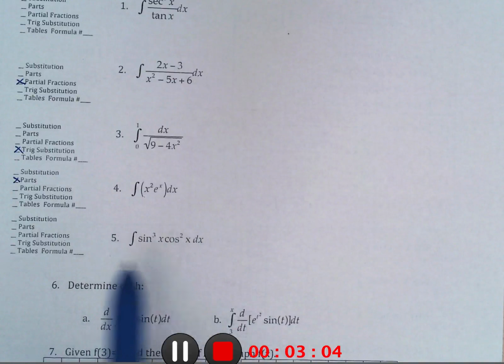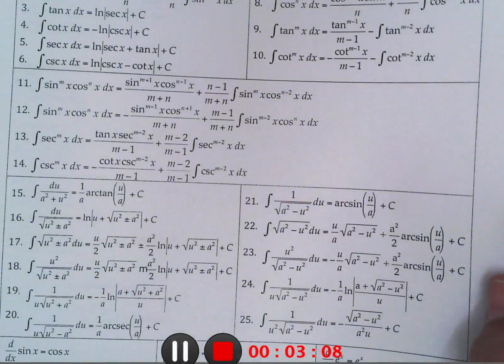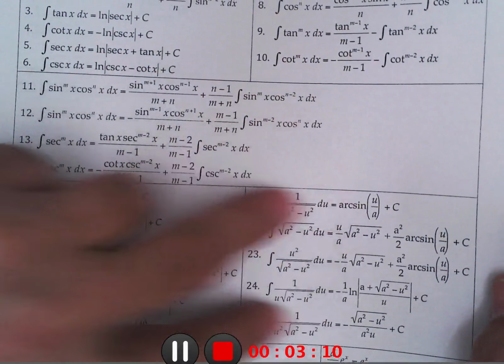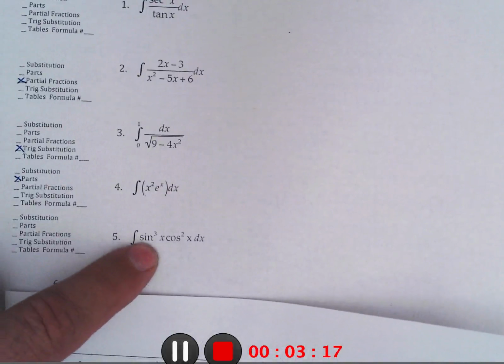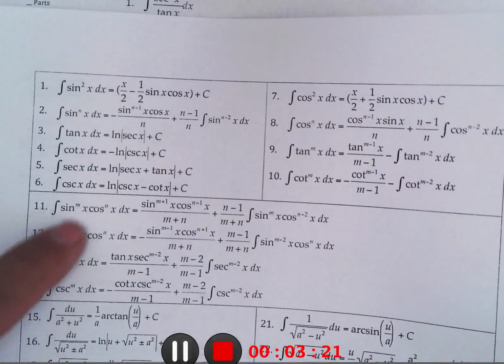But I think that one is on my tables, and by the way, this is the table I will give you. I've added the problems in the appendix on this online book. But where we have sine to the third and cosine to the second, looks like we might be using one of these two reduction formulas.